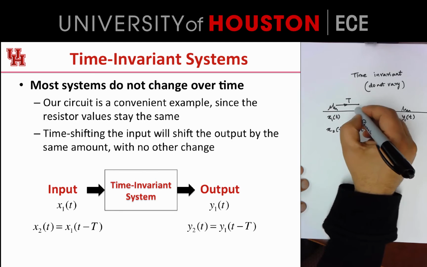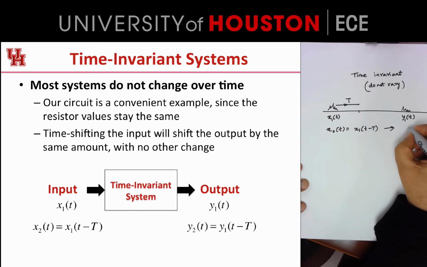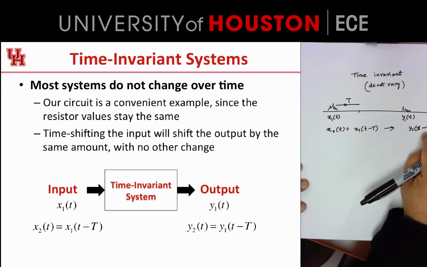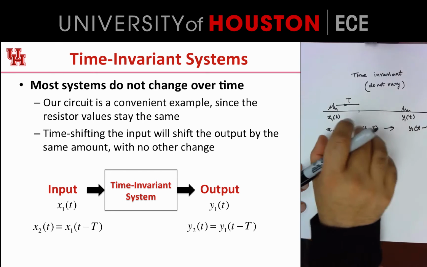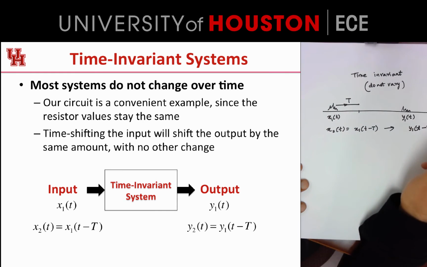So I take the same thing and I'm just applying it a little bit later. But since the system is not changing, I should get the same y1 of t, but shifted by the same amount. If it's shifted by a different amount, that's bad. If it is changed in terms of shape, that's bad. But if the system is time invariant, then the output will be just delayed by the same T.